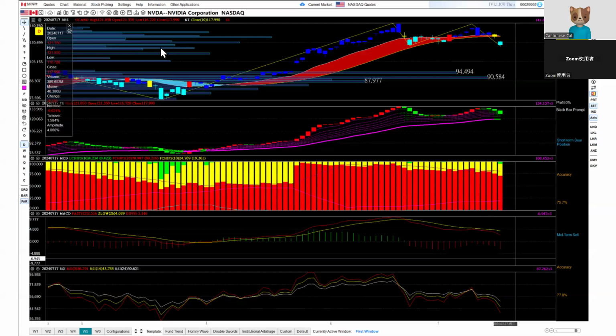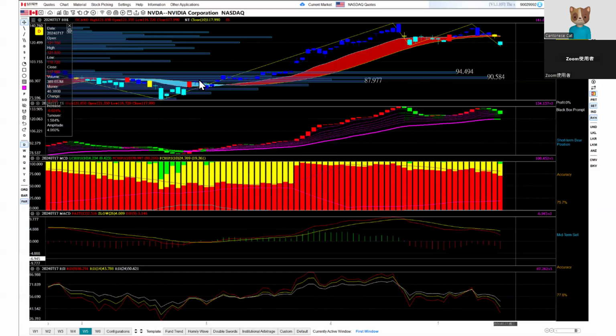You will find 2 ribbons in different colors: the blue ribbon as well as the red ribbon. The ribbons refer to a midterm trend, and all these ribbons are made up of small daily candles.